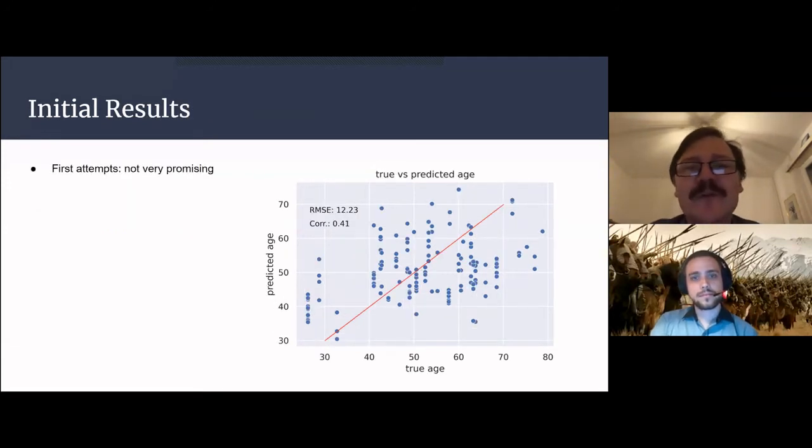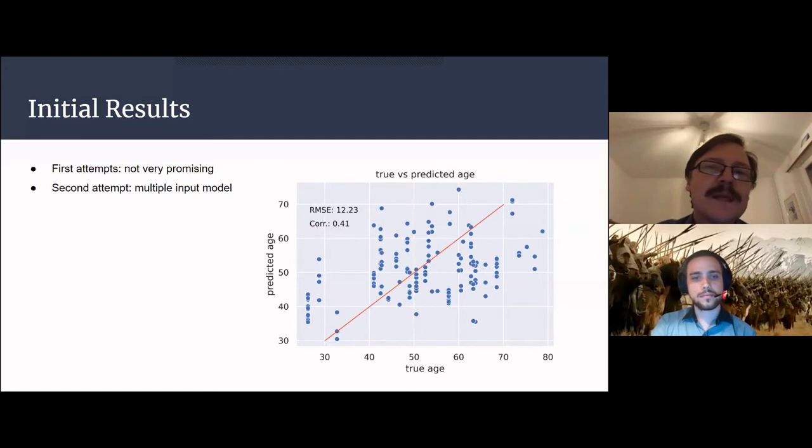The first attempts were not very promising. So we ran different models like ResNet, Xception, EfficientNet B7, and all the different popular approaches in image processing. Then in the second attempt, we were more successful. What we did is we rearranged the images manually, and then we sliced them vertically into 4 different images, and then we fed the 4 images simultaneously into the model.